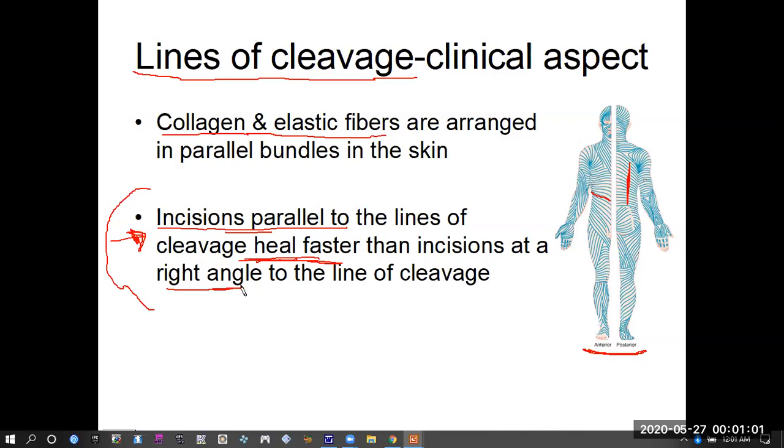Whereas in contrast, you could think of a life-saving procedure where, for example, if a cardiologist needs to get into the pericardial cavity, a person after heart surgery will be left with a prominent scar on their chest. And that involves these lines of cleavage, the arrangement of the major bundles of connective tissue fibers within the dermis.